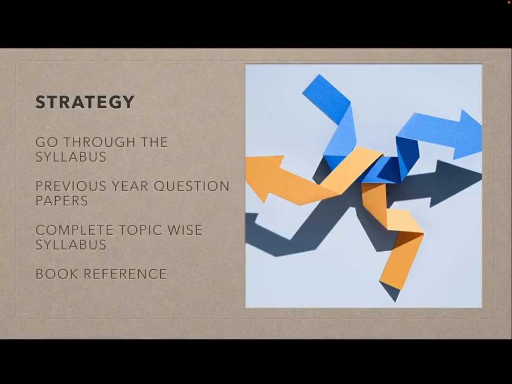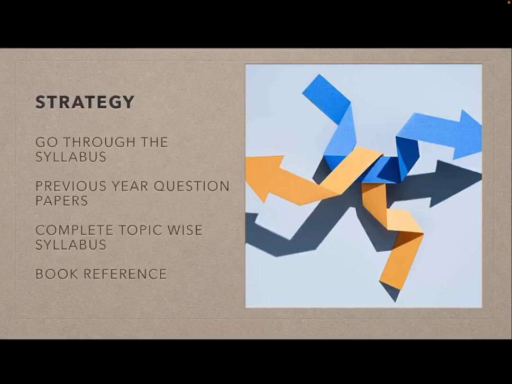So first thing is that you will have to go through the syllabus, what the topics are in the UPSC syllabus, and you will have to build a basic understanding of the subject. Then you will have to go through the previous year question papers, to see what kind of questions UPSC is asking in the paper.